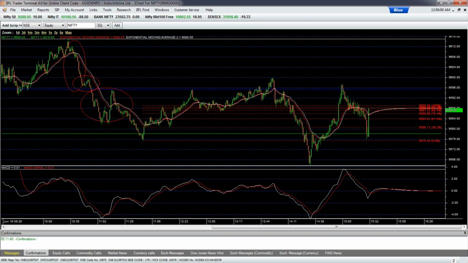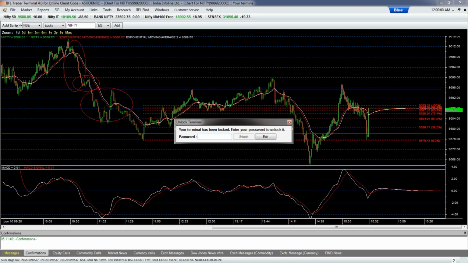So I reduced from 1 lakh, 2 lakh, up to 4 lakh rupees, down to only around 30,000 rupees. And if I have to trade Nifty futures, I have a different account where I keep it only for Nifty futures.